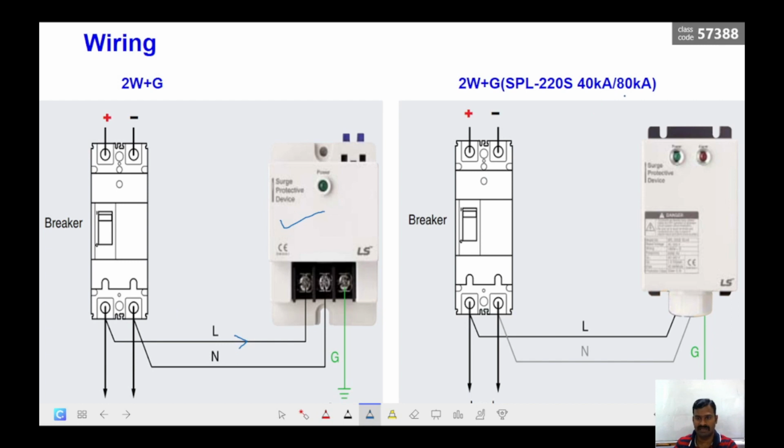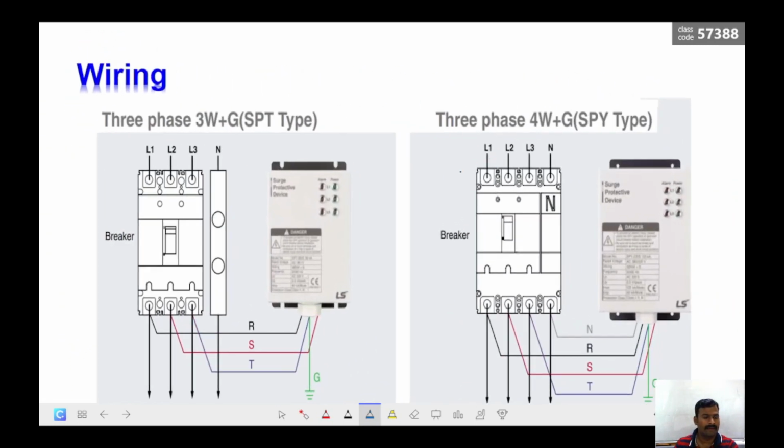This is another configuration of the same device, for higher current rating, on the load side, or the inverter side. Say I have taken a three-phase inverter, the output of the inverter L1, L2, L3 and neutral is given to the SPD through the breaker, and again it is connected parallel to the load or the breaker.